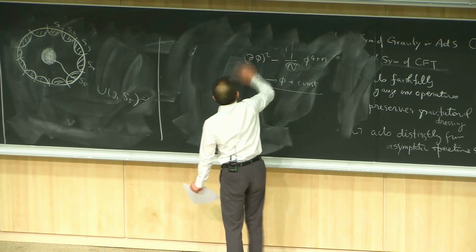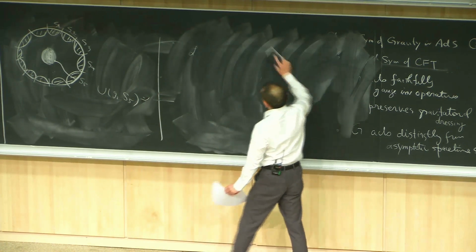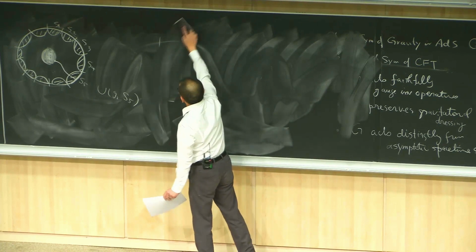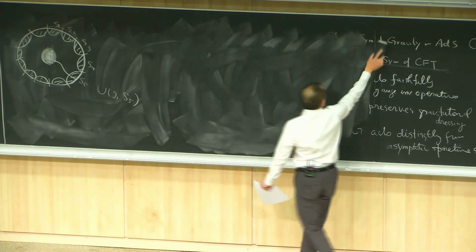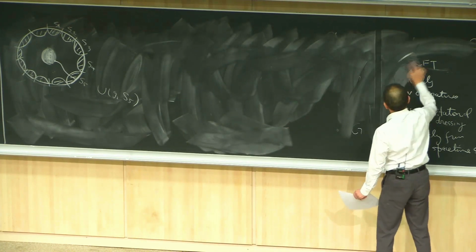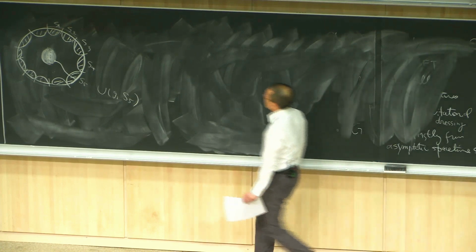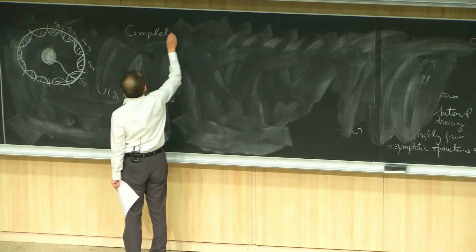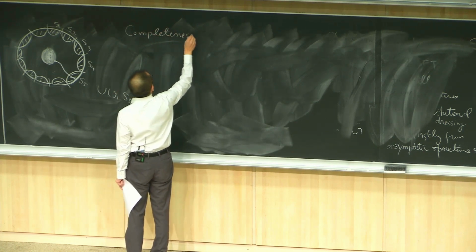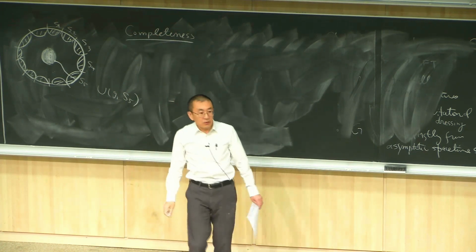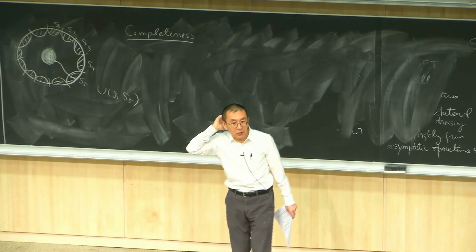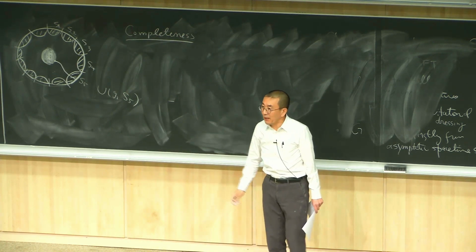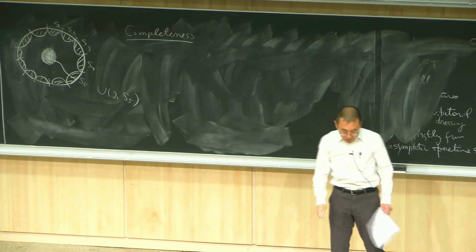Now, in the case of gauge symmetry, there is another conjecture for consistent quantum theory of gravity, which is called the completeness hypothesis. I think one of the places where this was conjectured was a paper by Joe Polchinski.